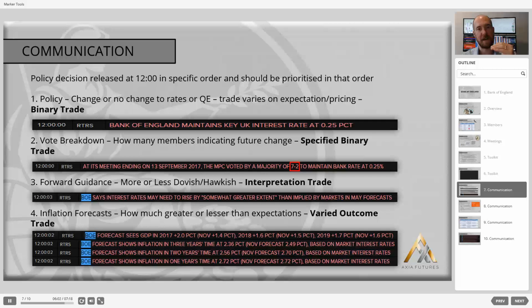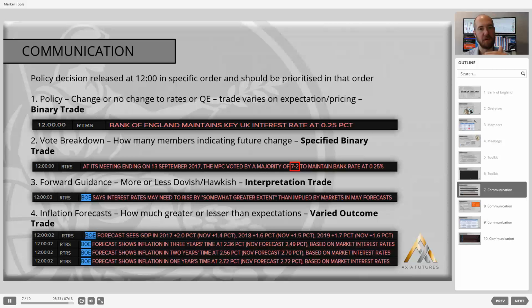You perhaps then need a limit on how far it's got to be above an expectation, for example, before you're willing to implement a trade. For example, in this example, inflation 2 years out had dropped. Previously it was 2.7%, drops to 2.56. Now, you may have decided to yourself that you're still not going to trade that unless you see more than a 0.5% decrease.